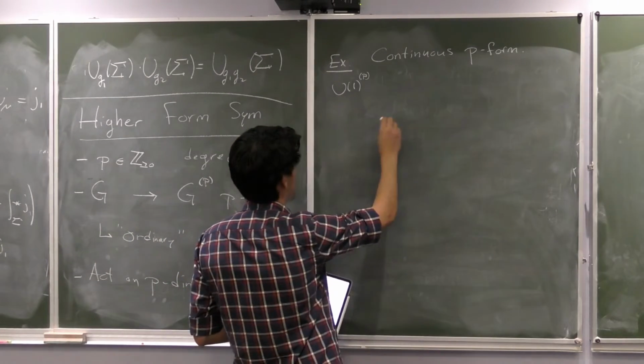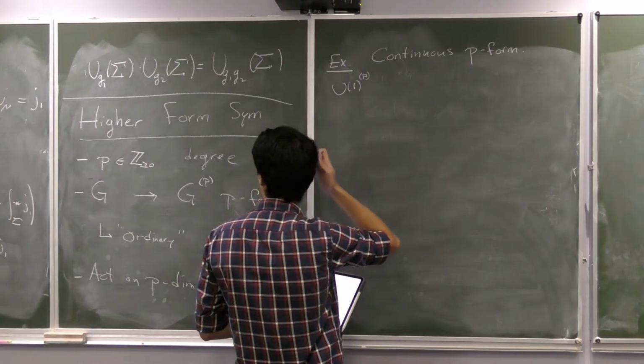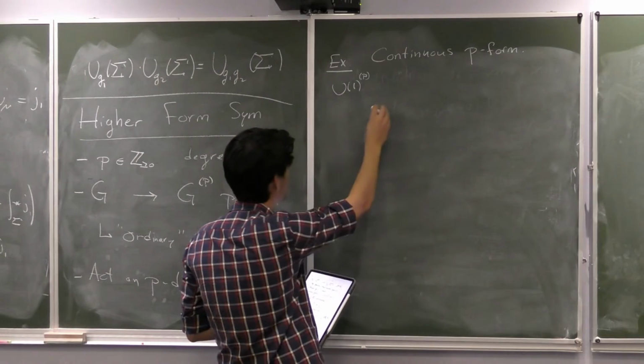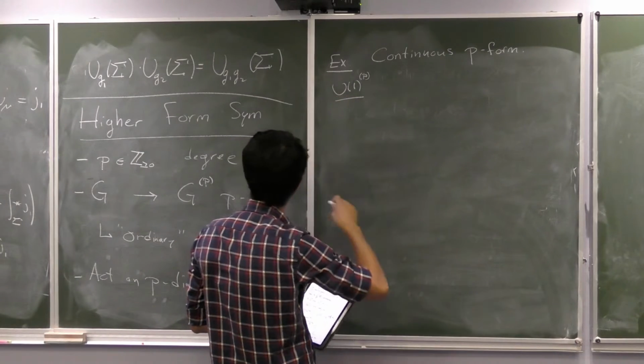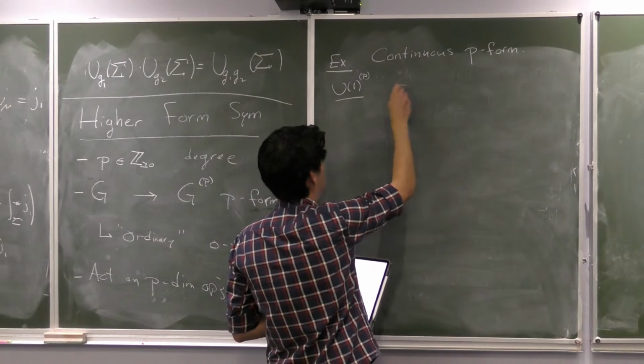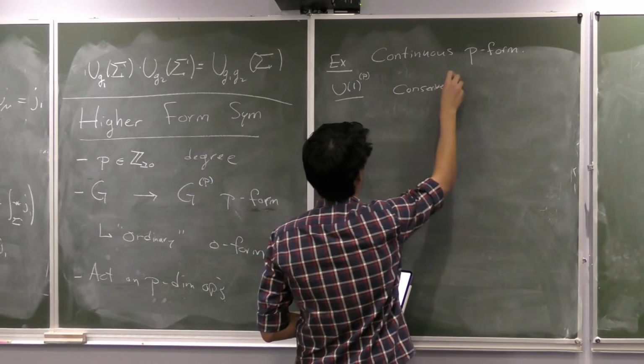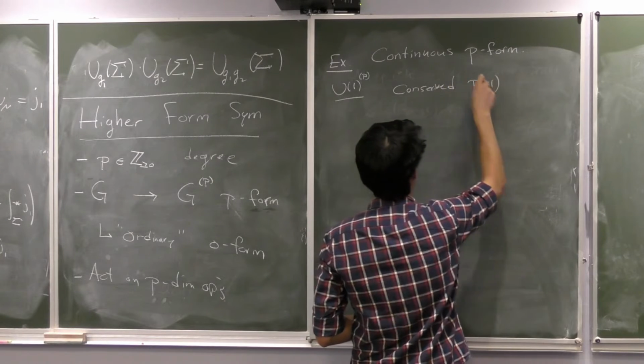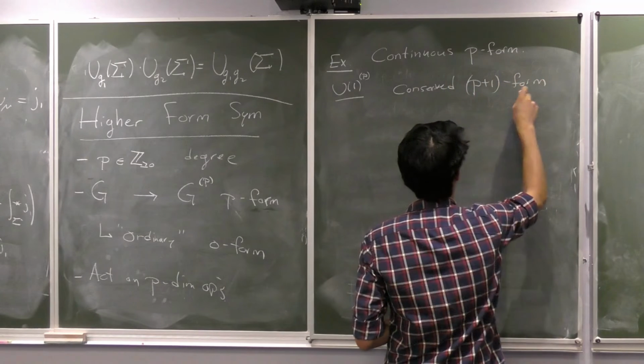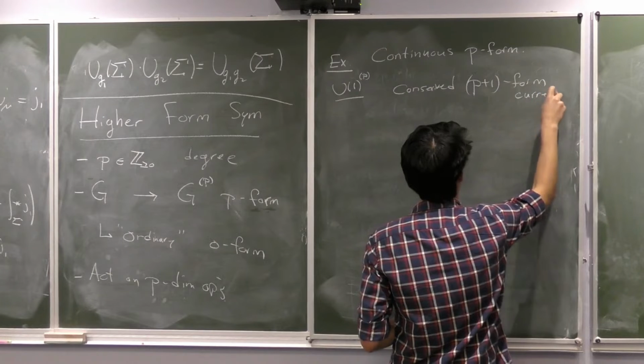A nice way to classify or think about P-form symmetries is that there's a conserved P plus 1 form current.